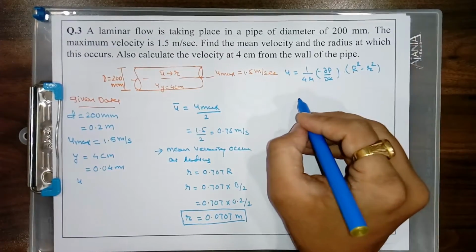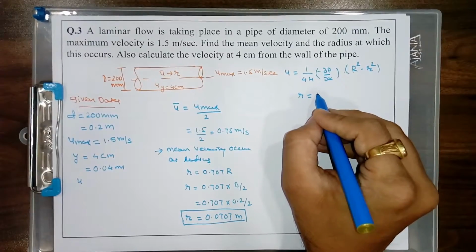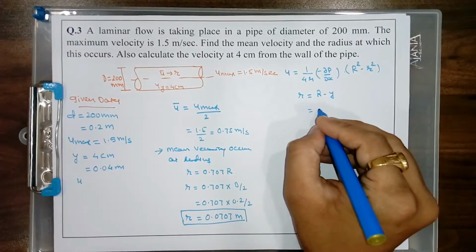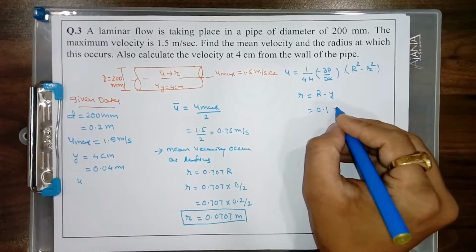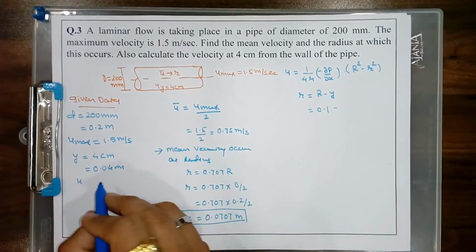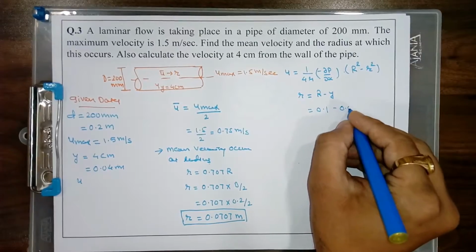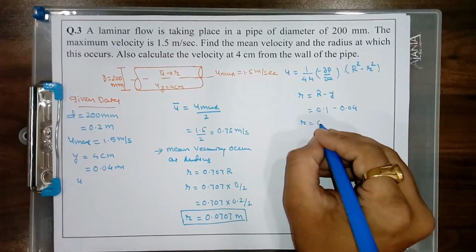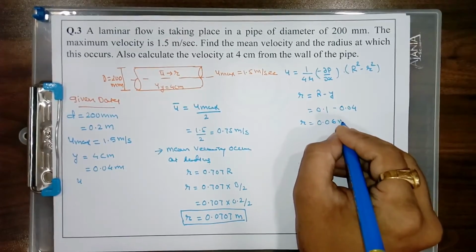In this formula, r equals capital R minus y. So we have the radius, that is 0.1, and y is 0.04. So we get small r as 0.06 meter.